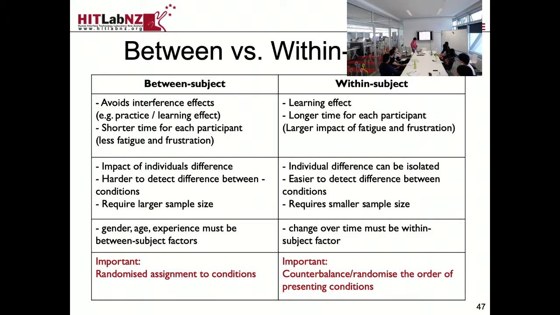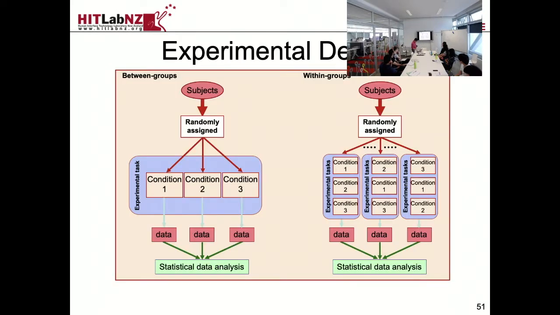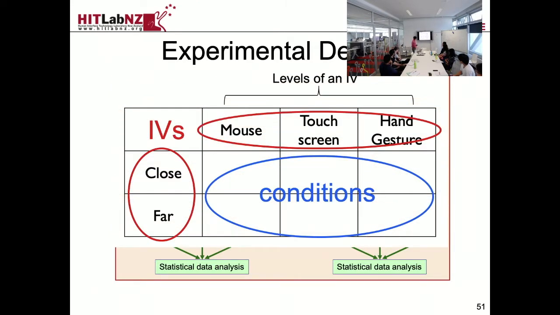I'm going to talk about the solution. Let's come back to here. The learning effect will arise when participant A does mouse first, touch screen, hand gesture, and then participant B also does mouse first, touch screen, hand gesture, and participant C does the same way, mouse first, touch screen, and hand.